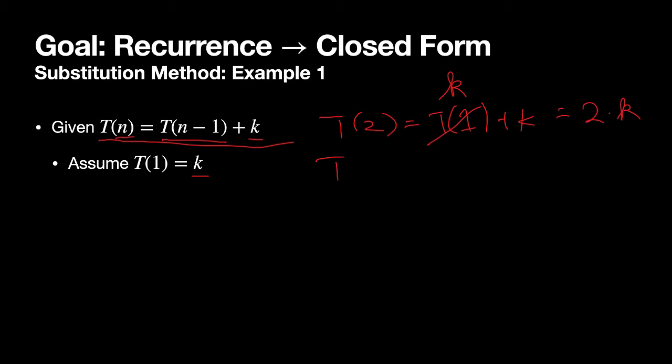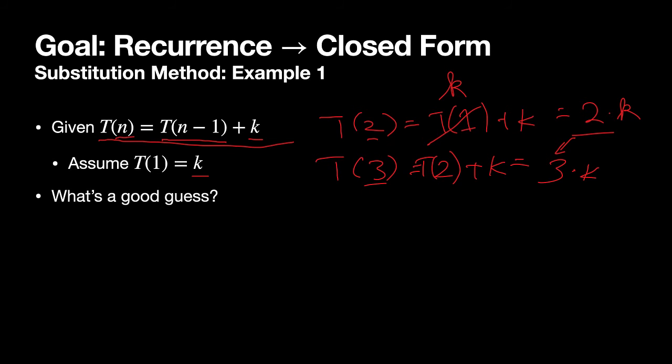We could think about the T of 3, and that's the T of 2 plus k, and we just solve the T of 2. So it's 2k plus k, which would be a total of 3k. Okay, hopefully you see the pattern here. T of 2 is 2k, T of 3 is 3k. So we can probably come up with a pretty good guess here. We can say that the T of n is just n times k.